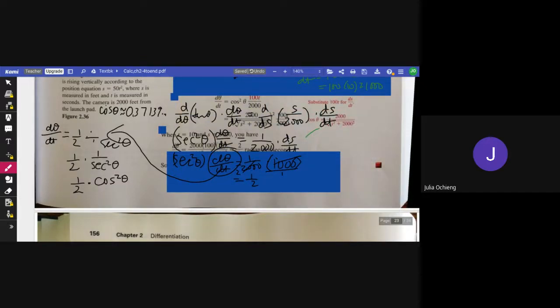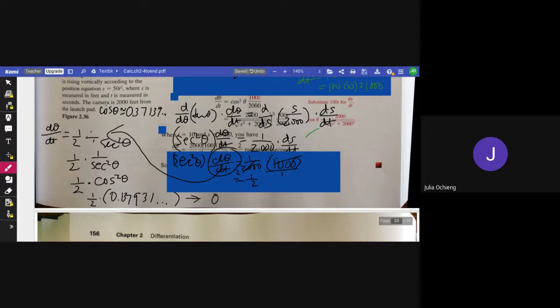So I'm going to now go back to this right here, where my change in revolution angle over time was 1/2 times cosine squared theta. Cosine squared, I got this value, so I'm going to square that. And I get roughly 0.137931... and times that 0.5.